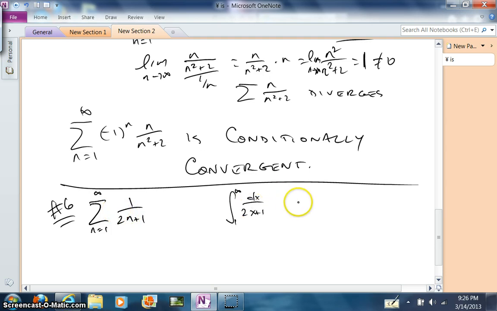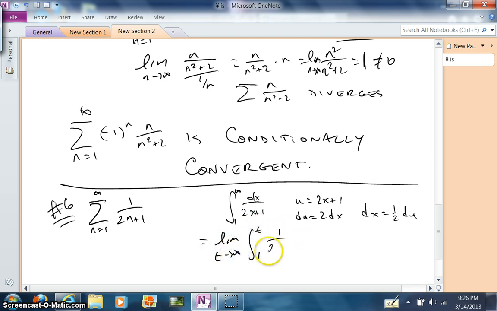Okay, so we'll let u equal 2x plus 1, du equals 2 dx, dx equals 1/2 du. This is equal to the limit as t goes to infinity of the integral from 1 to t of 1 over 2x plus 1 dx.